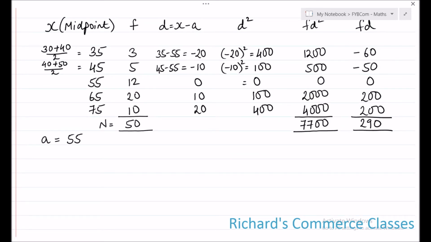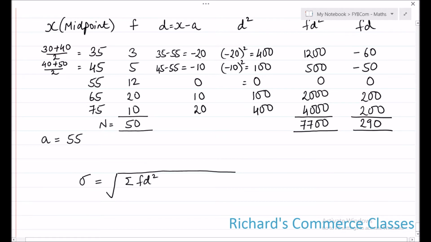Now we have everything to calculate standard deviation, and standard deviation is given by the formula sigma is equal to square root of summation fd square divided by n minus summation fd divided by n the whole square.